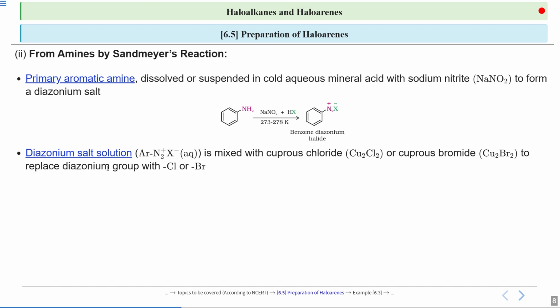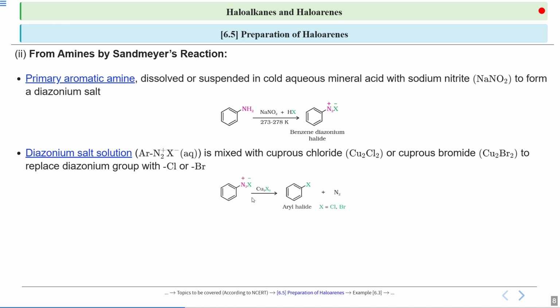So if you mix this diazonium salt solution with cuprous chloride, you will get a chlorine substituted benzene after the replacement of the diazonium group from the diazonium salt. And if you mix the diazonium salt solution with cuprous bromide, then you will get your major product as bromobenzene after the replacement of the diazonium group from the diazonium salt.